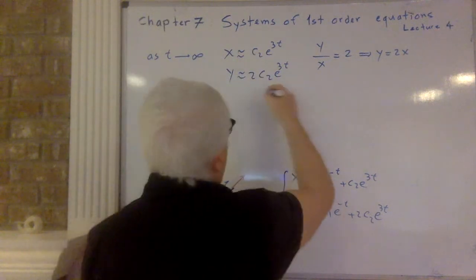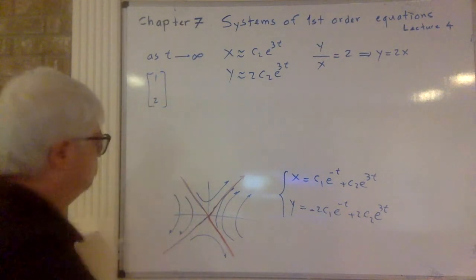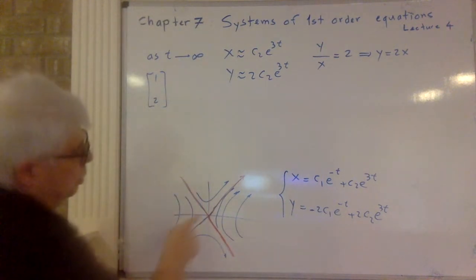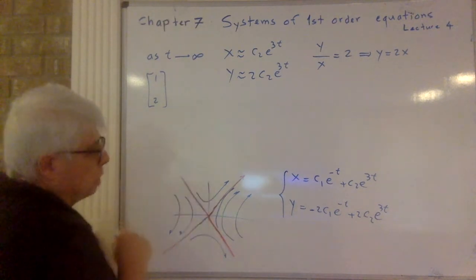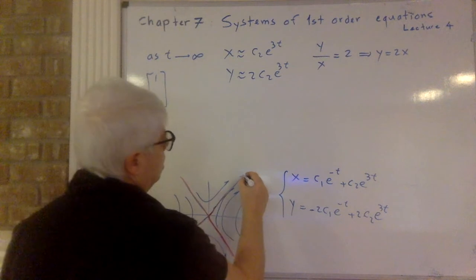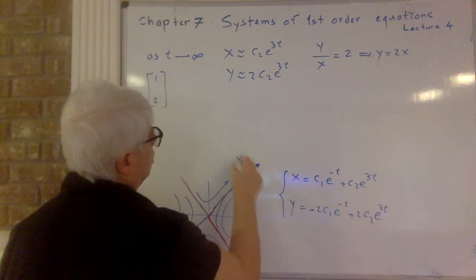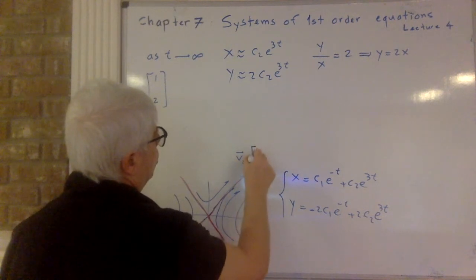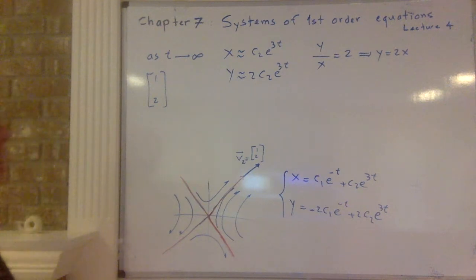Remember, the eigenvector for 3 was 1, 2. So if I have 1 here, 2 here, then this is the direction of that line, and it is in fact v2, 1, 2. So this line is in the direction of the vector 1, 2. The equation is y equals 2x, and it goes through point 0.